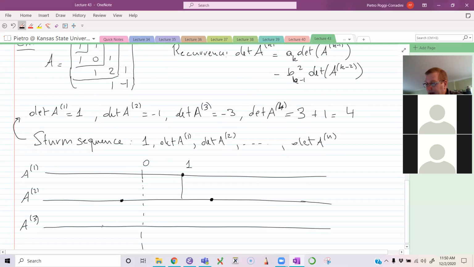Yeah, so 1 outside. And then the next one that goes in the middle, though, has to be positive, because of this interlacing.